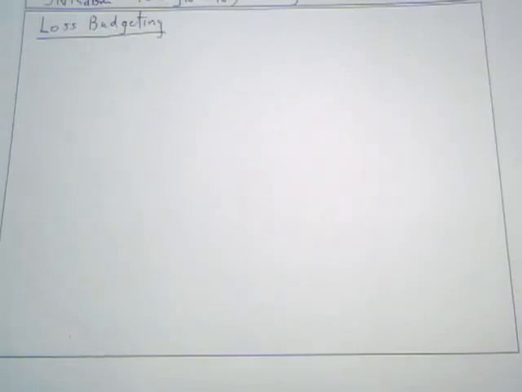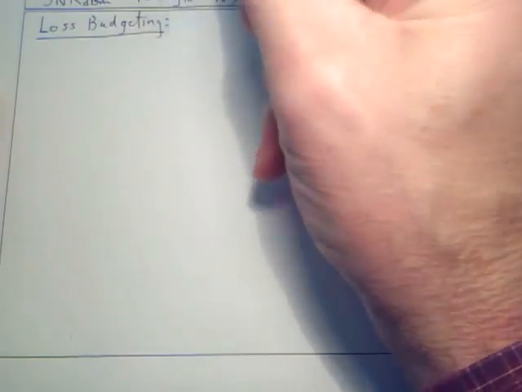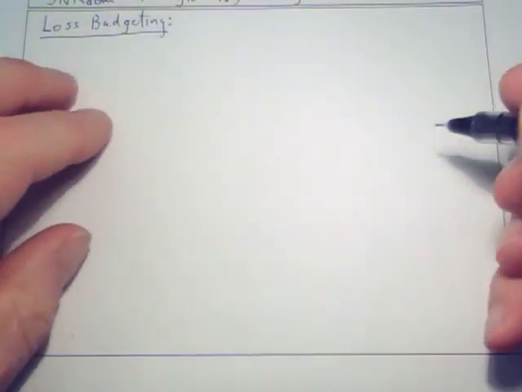Okay, so here's an example problem on loss budgeting, and this is a problem that's going to be a lot like one of the homework problems, and so I hope it helps.